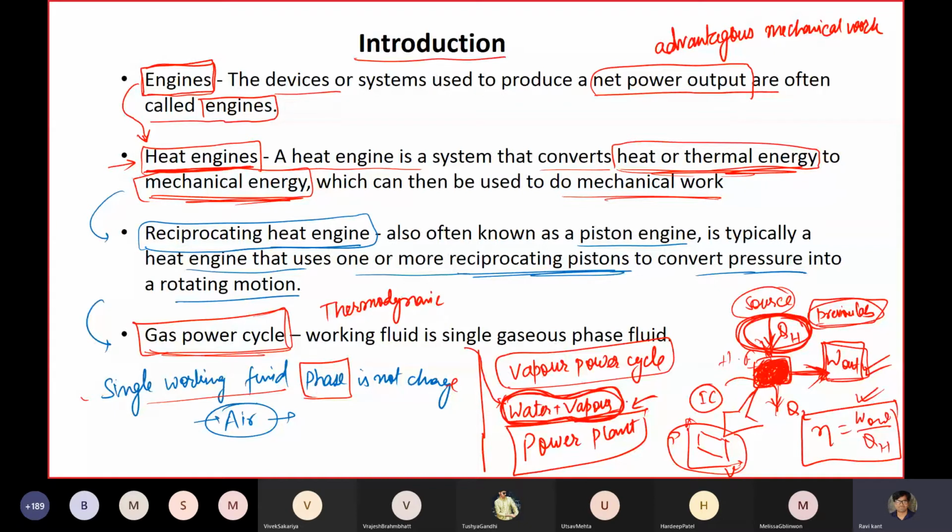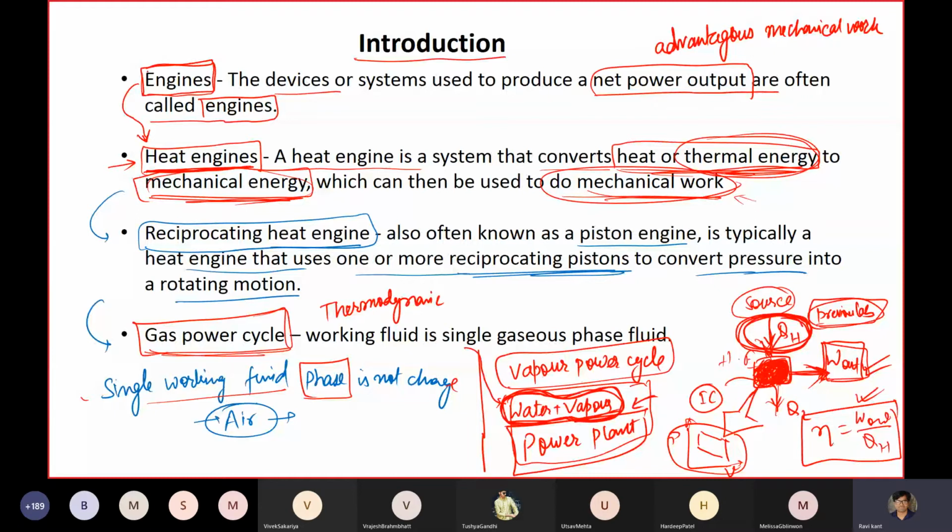So there I am taking advantage of thermal energy to produce electricity. But here I am going to take advantage of thermal energy to do some mechanical work, or just to run my car or bike.